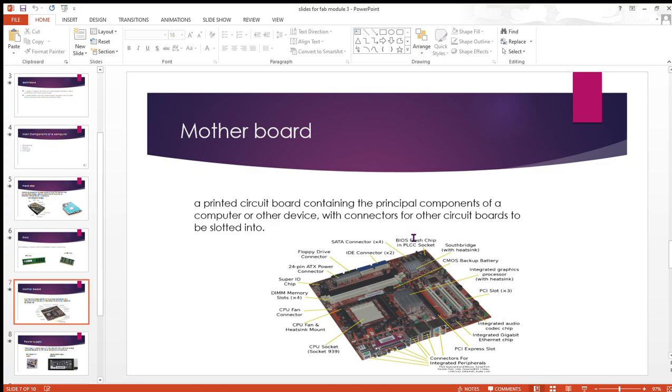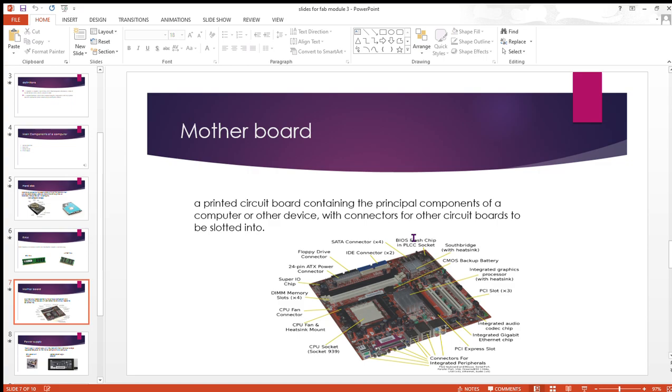Now, the motherboard. This is another main component of computer hardware. It's a printed circuit board containing the principal components of a computer or other device, with connectors for other circuit boards to be slotted into. When we talk of a motherboard, every other thing is connected to it. The ports are connected to the motherboard.